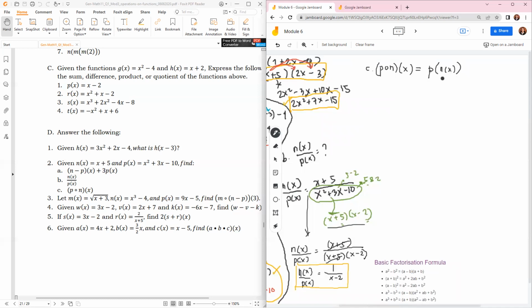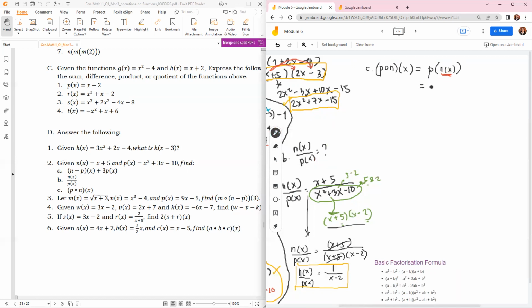What is important is that the innermost function is evaluated first. So what does this mean? Remember our definition of n of x.